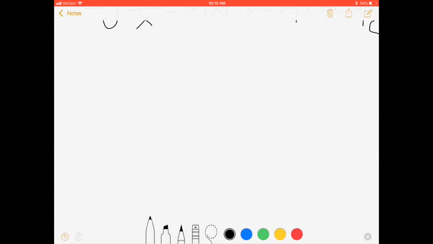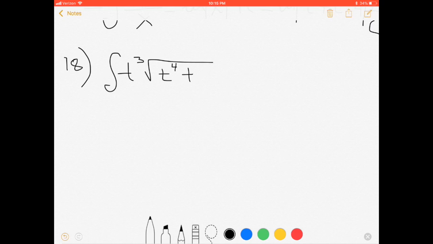Doing one more example. It's also substitution. For example, number 18. Here you have the integral of t cubed times the square root of t to the 4th plus 1 dt.